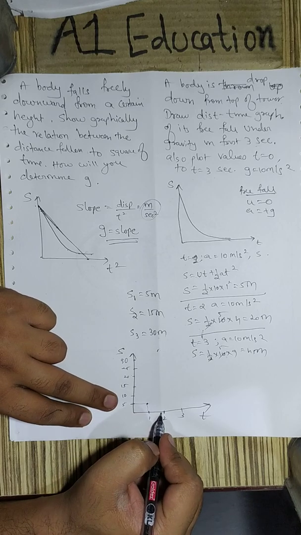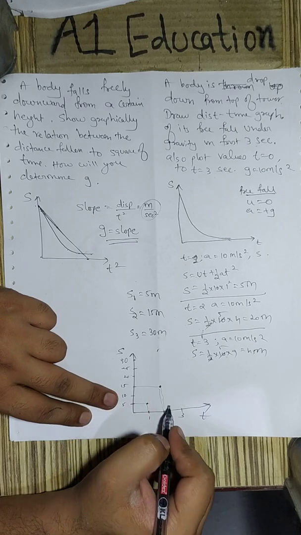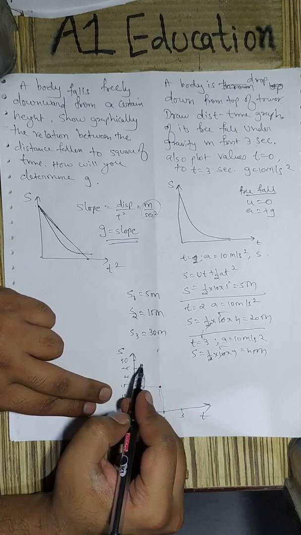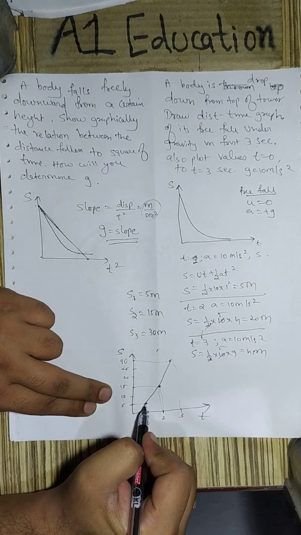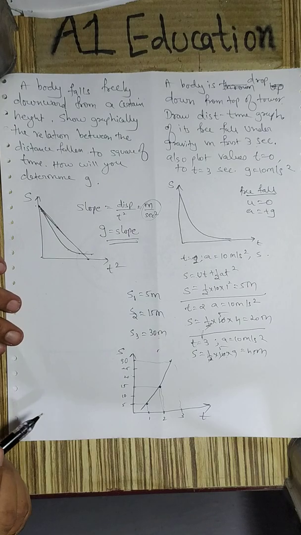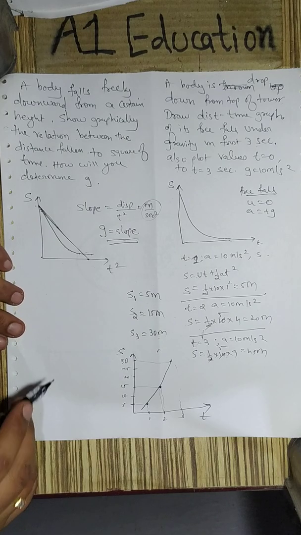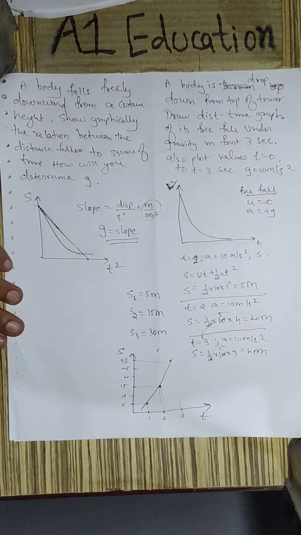After 2 seconds, the position is 15 meters. And after 3 seconds, the position is 30 meters. So this type of graph you get for the body which has fallen down. This is the velocity diagram.